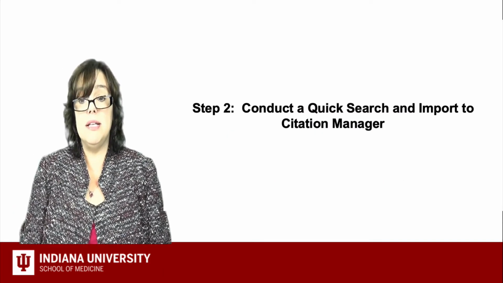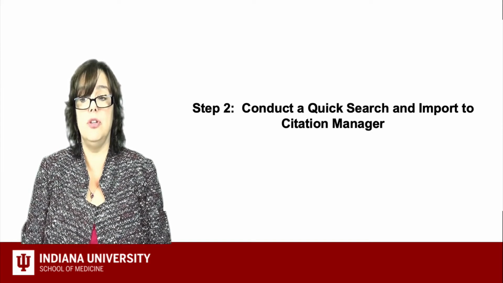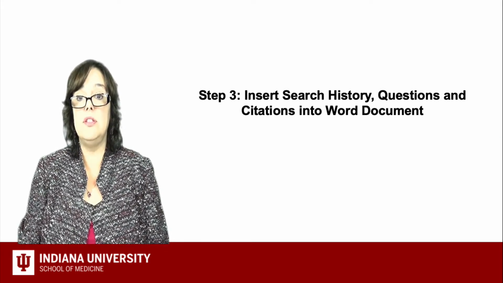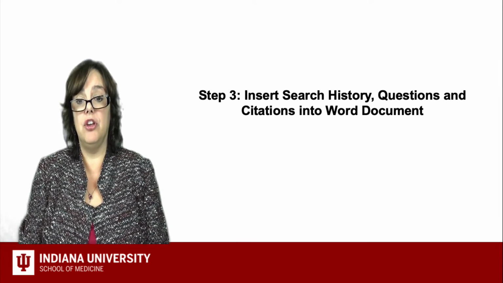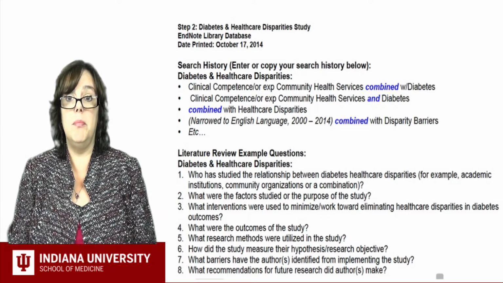The next step in the process is to conduct a quick search and import your citations into a citation manager. The third step is to insert your search history, your questions, and your citations into one Word document. This is an example of how this document might look.